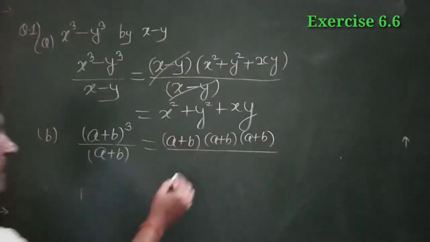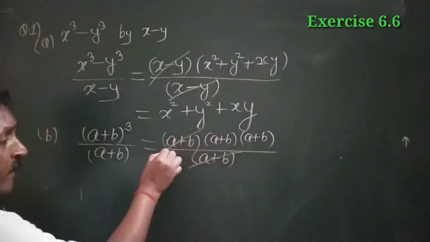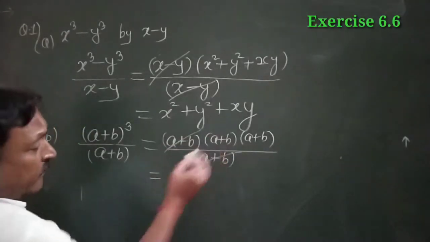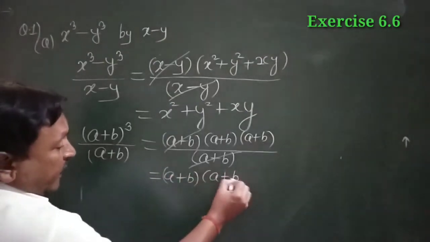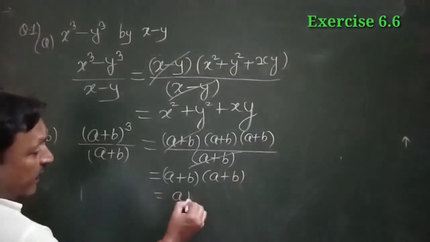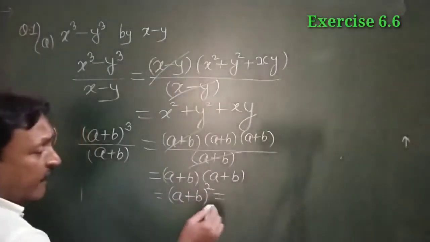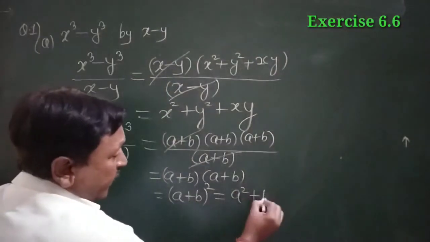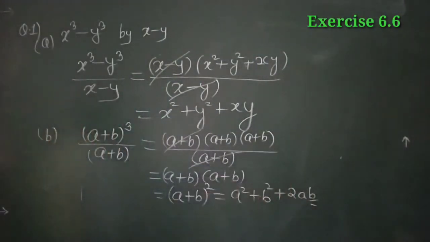Just expand it, and here is a plus b in the denominator, so one will get cancelled. What is left is a plus b into a plus b, which is a plus b whole square. So we can apply the identity here: a square plus b square plus 2ab. Note it.